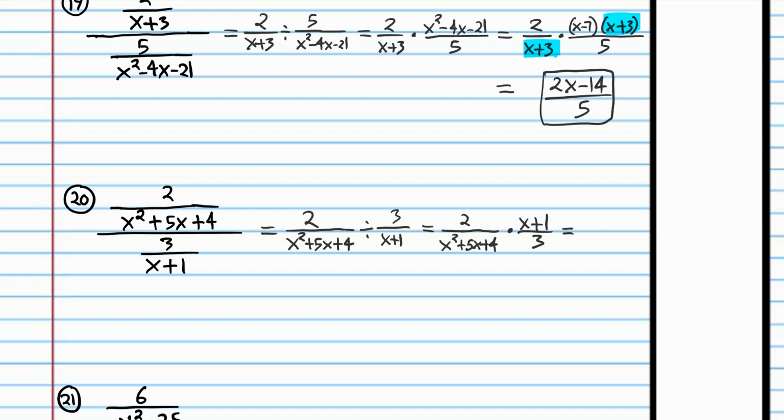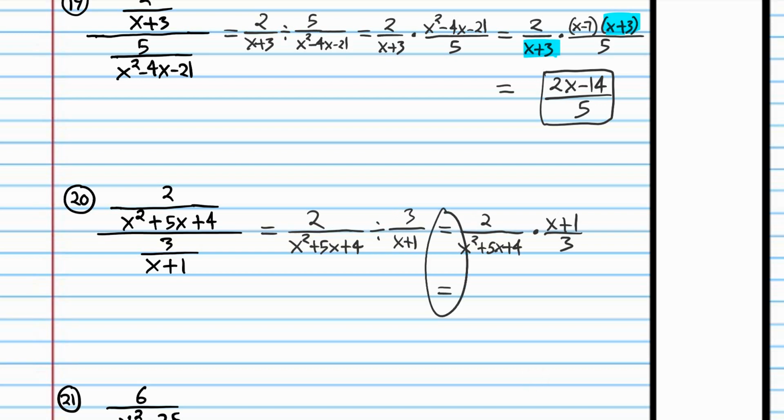And I'm just going to go down because I don't have much room left. So remember, you can go to the right with your equal sign, or you can go down, but not up or to the left. It's just like reading. You have to read to the right and down, not to the left or up.